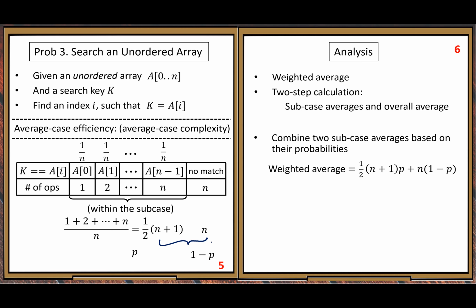So the weighted average equals the first average number, 1/2 times (n + 1), multiplied by its corresponding weight P. That's the first term. The second term, the average number n, multiplied by its corresponding weight, that is 1 minus P. Then adding together these two terms, we get our final version of the average, the weighted average.